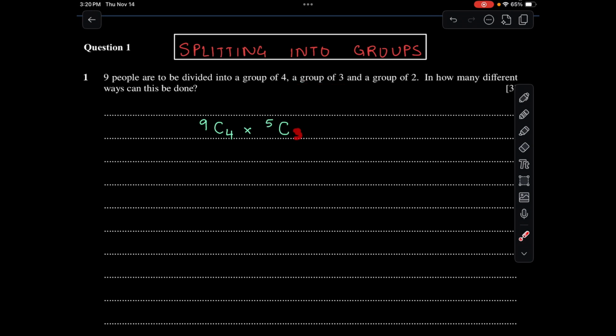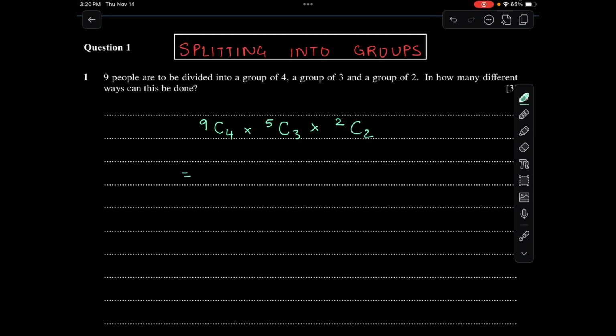From 5, you're going to choose a group of 3. 5 choose 3 times. Now from 5, you have chosen 3. So how many people left? 2. And from 2, you're going to choose all of them. So 2 choose 2.